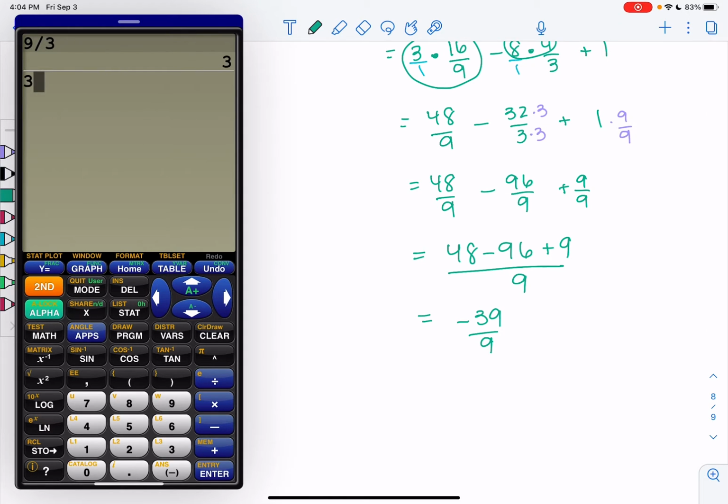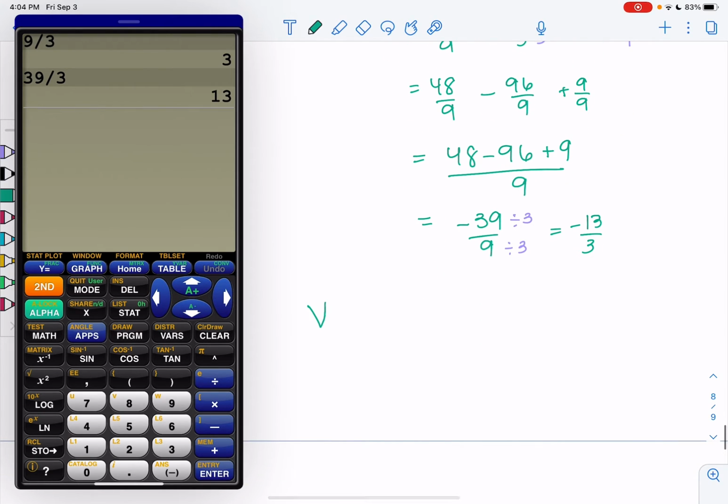So let's check if 3 goes into 39. Yeah, so this would be negative 13/3. So our vertex is at positive 4/3 for the x value from above and negative 13/3 for the y value. And this is the min because it opened upward.